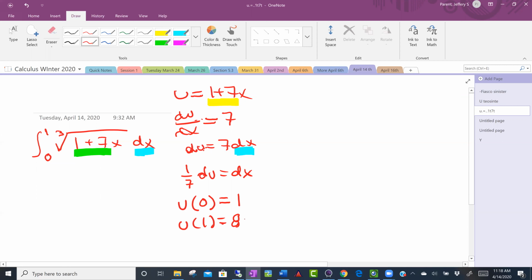All right, so let's do all our changes here. We've got a substitution for dx. And yeah, I think we're ready to finish this one up. So it's going to be the integral from 1 to 8 of the cube root of u times 1/7 du.